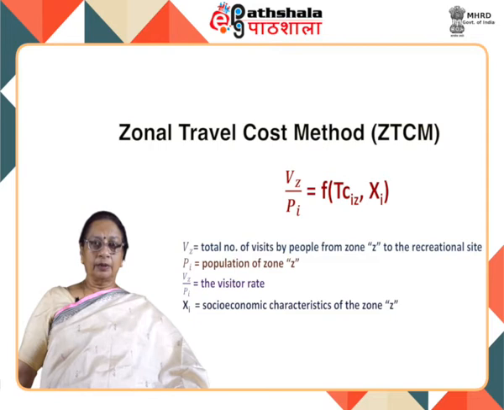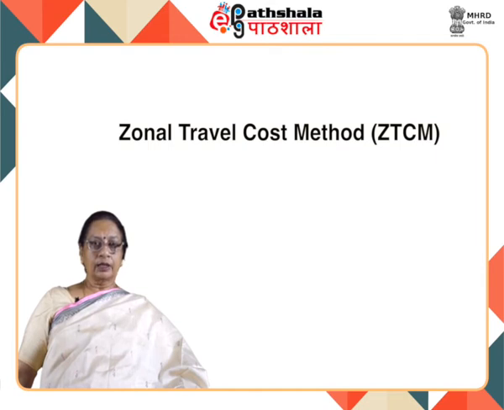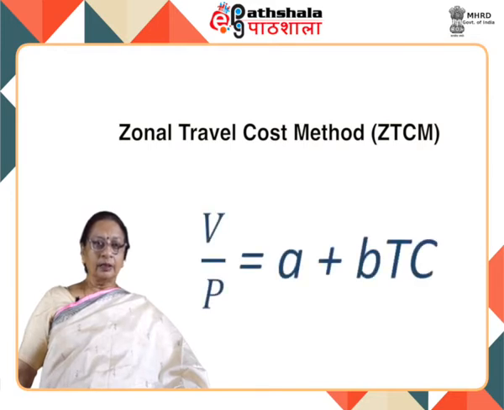Pi is the population of zone Z. Vz by Pi is the visitor rate and Xj is the socio-economic characteristics of the zone Z. Assuming that the above relationship is a linear one, the V by P is equal to A plus B TC.